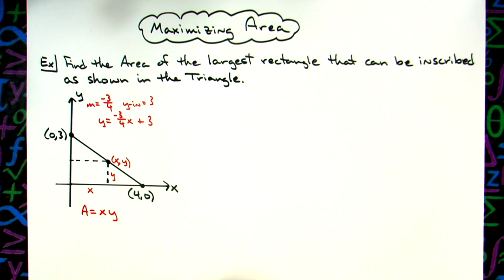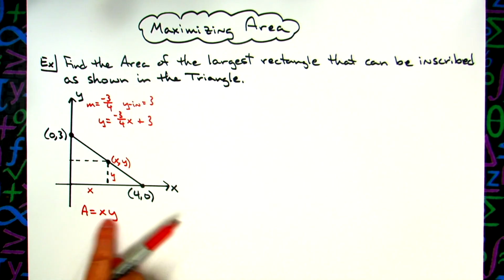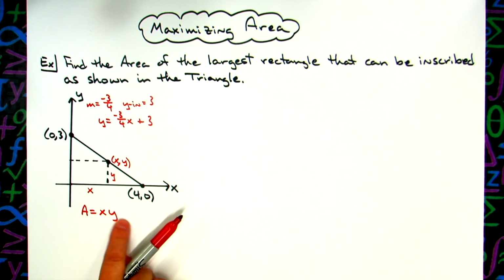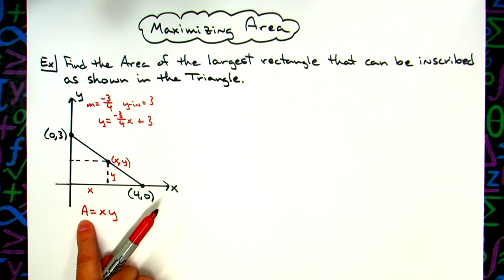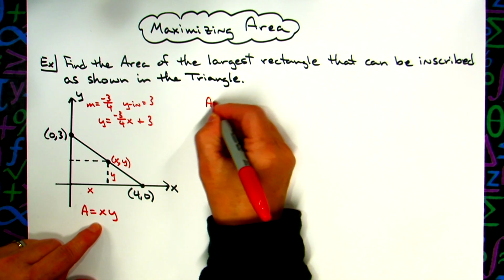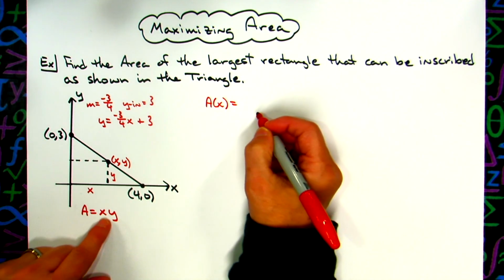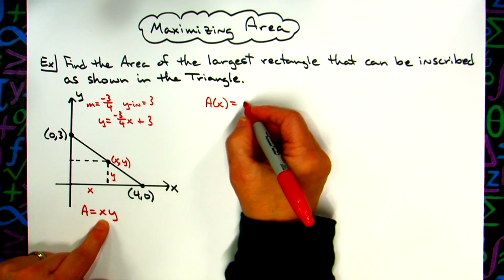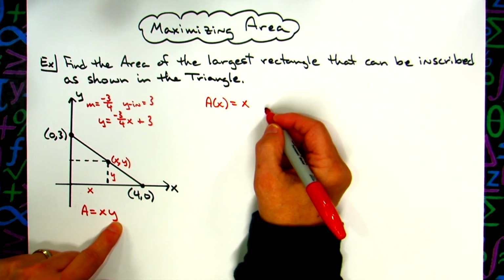So there's my area. Now, if I'm trying to maximize this area, I need to write this equation as a function all in terms of x. Right now it's in terms of x and y, and not written in function notation. So I'm going to switch this to function notation, A of x. It's going to be x times y, but I need it to be x times something else written in terms of x.